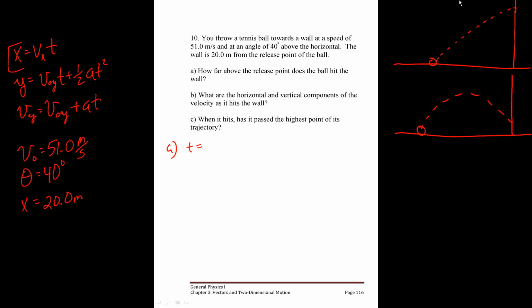I can use this because I know x and I know Vx. x is equal to Vx t, so t is x over V0 cosine theta.